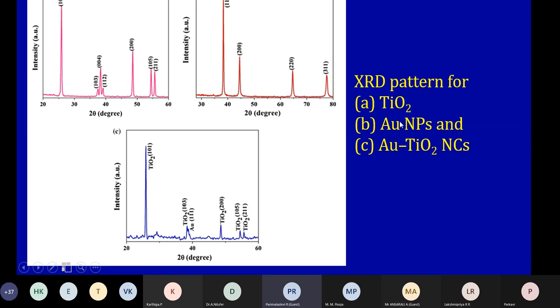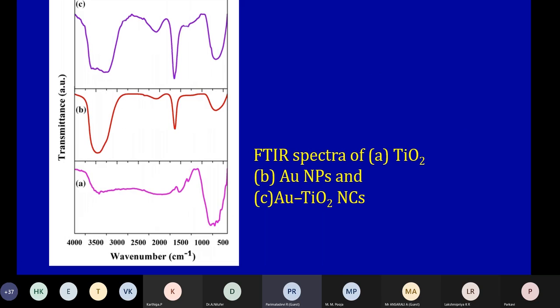We dried this Au particle into powder and took XRD, and this is the XRD pattern of the AuTiO2 nanocomposite. It shows both the Au peak and the TiO2 peak, so it confirms that Au and TiO2 are present in our synthesized sample.